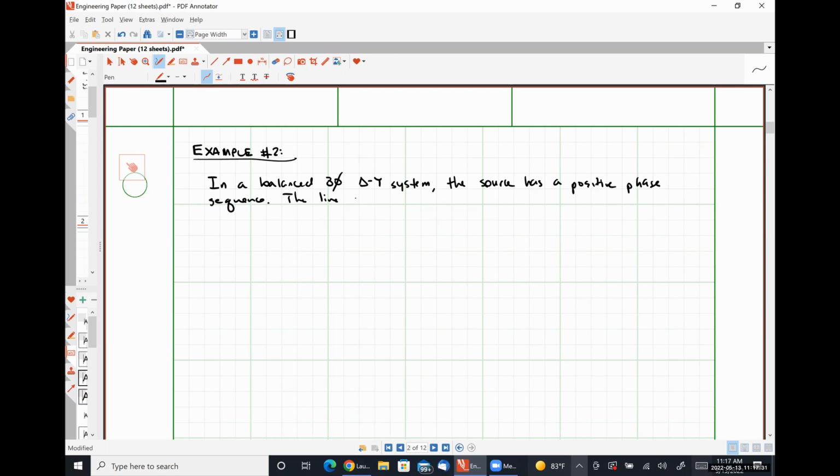The line and load impedances per phase are ZW is equal to 0.1 plus J 0.1 ohms, and ZY is equal to 10 plus J4 ohms.